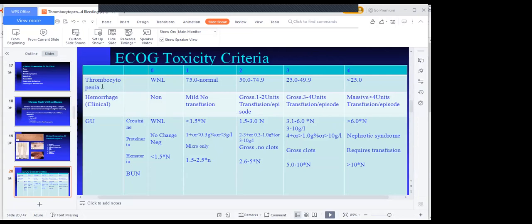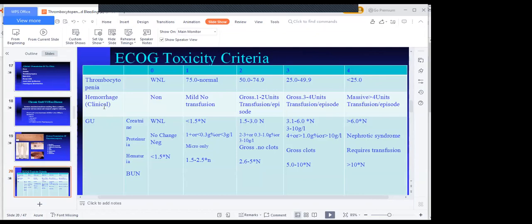You can see that in thrombocytopenia, if it's within normal limits, we grade it 0. 75,000 and above is normal, 50,000 to 74,900 will be grade 2, 25,000 to 49,900 will be grade 3, and if less than 25,000, it will be grade 4.